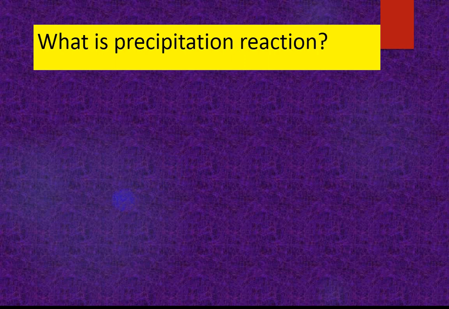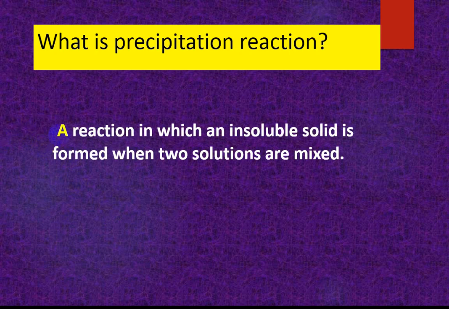Because an insoluble solid substance is formed, and the solid goes to the bottom. So a reaction in which an insoluble solid is formed when two solutions are mixed is called a precipitation reaction.